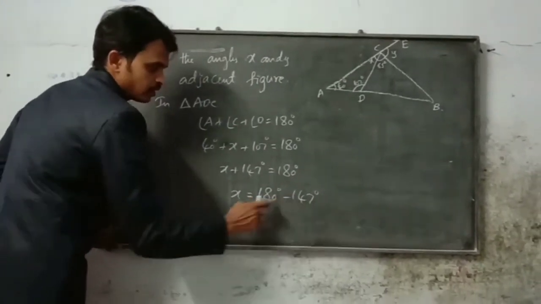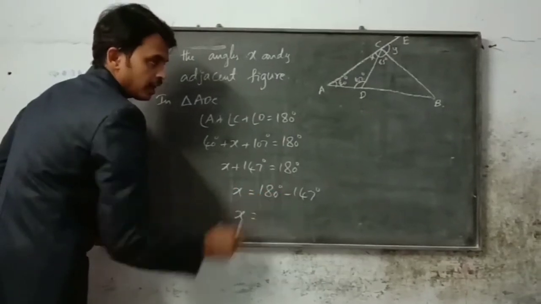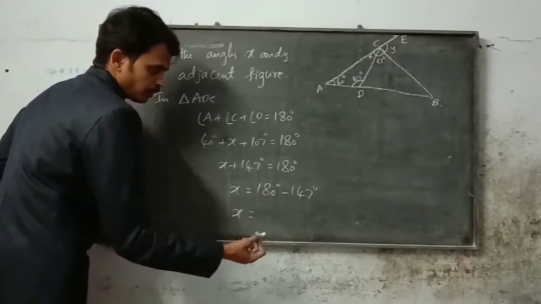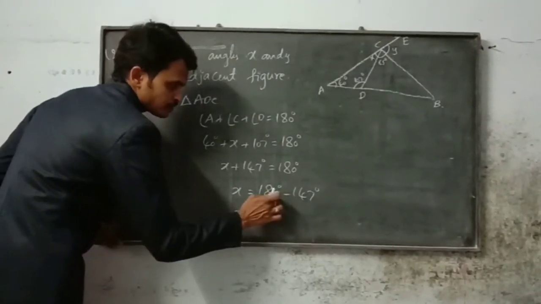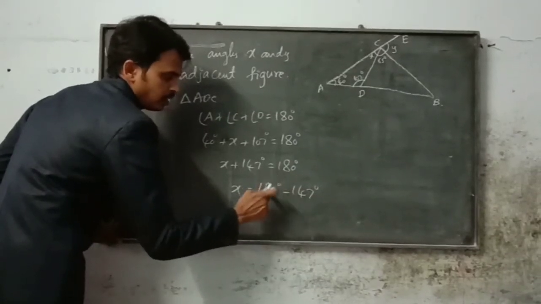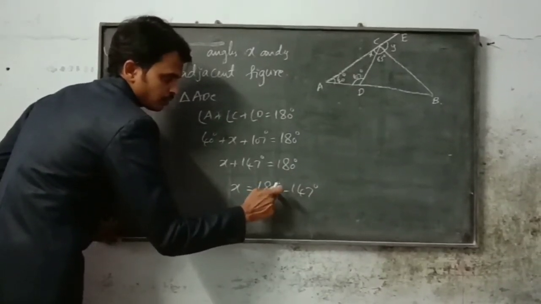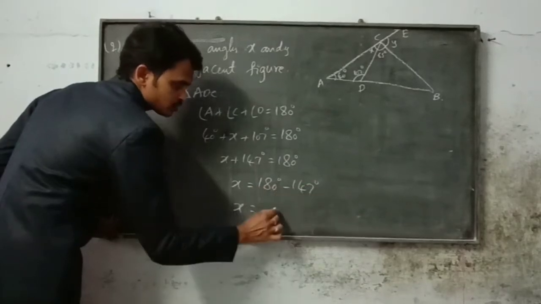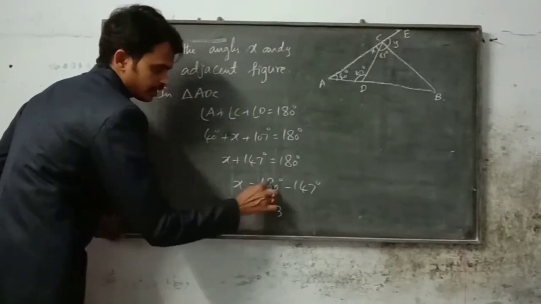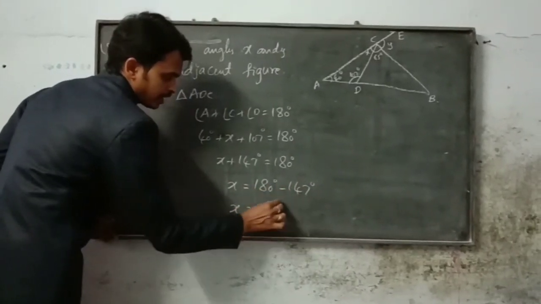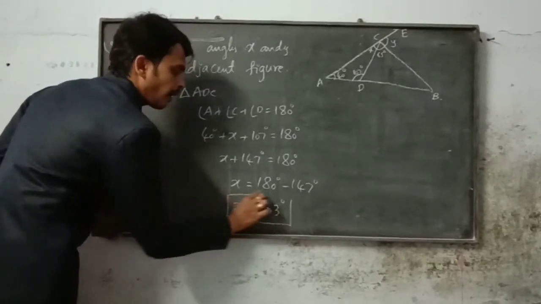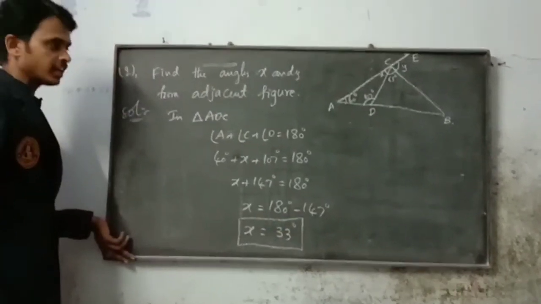Now we have to subtract. So what will the value be? From 0 we can't subtract, so from 8 we have to borrow. Then it will be 10. So the carry will be 3. Then 7 from 10 is 3. Then the x value will be 33 degrees.